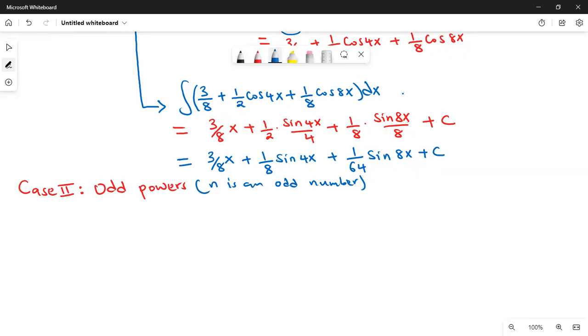So what are we supposed to do in this case? We are going to use another trigonometric identity. You know that cosine squared theta plus sine squared theta is the same as 1.